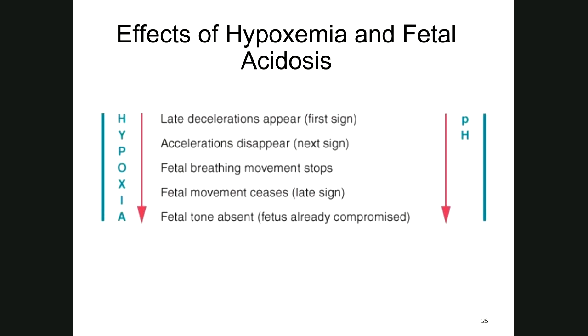But there's not a real consensus on what we should do with those middle of the road. Like, what do we do with a score of 5 out of 10? There's not a hard and fast plan for those middle of the road scores. So, just be aware that the extreme values are really good predictors of fetal well-being, whereas the middle of the road scores are maybe a little trickier to interpret.